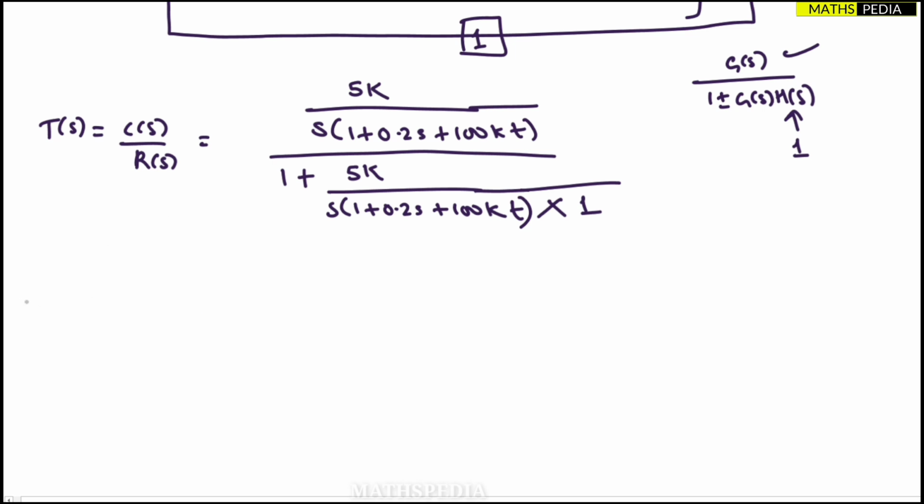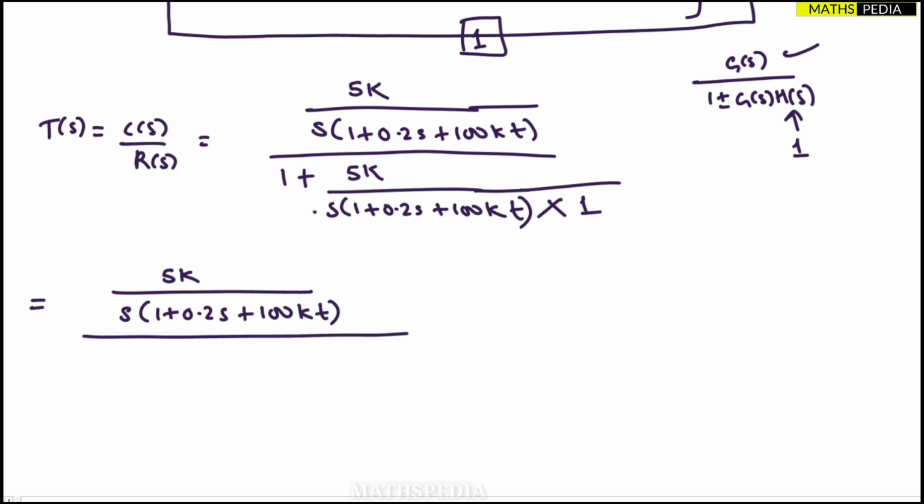So it will be 5k divided by s into 1 plus 0.2s plus 100 kt, whole divided by, now can I take LCM?